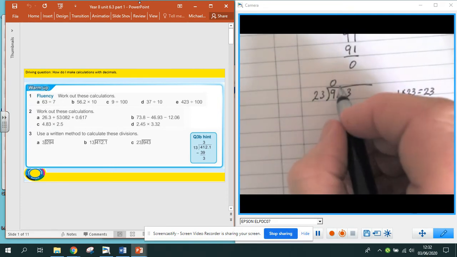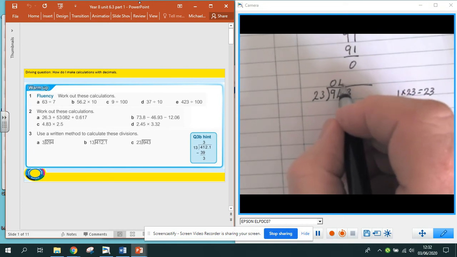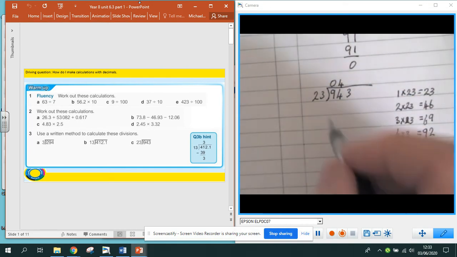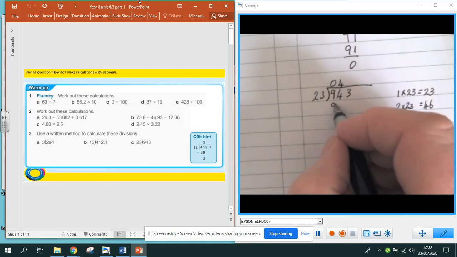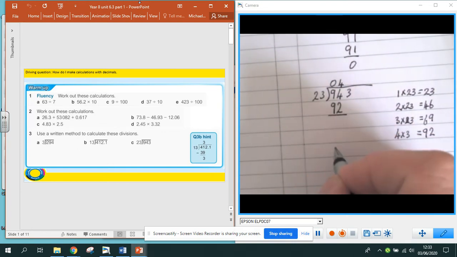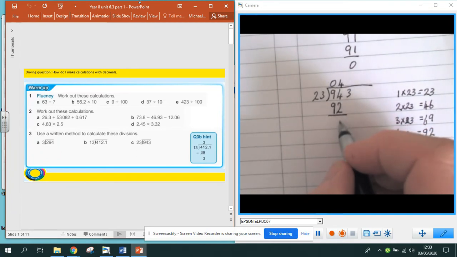So I know that there are 4 23s in 94. I can write what 4 23s are, 92, underneath, and take them away. So 4 take away 2 is 2, 90 take away 90 is nothing.